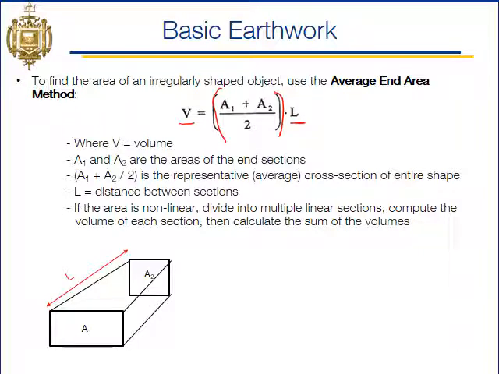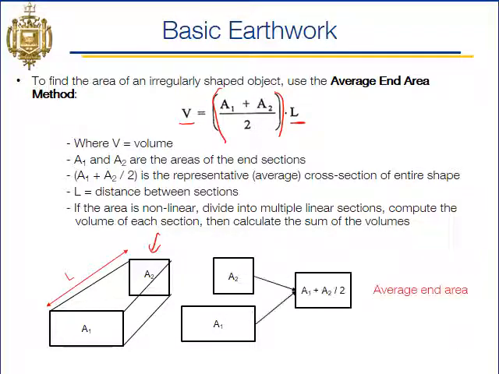If we look down here on the bottom of the page, we have a small shape with two differing cross-sectional areas. Walking through it, we see A1 and A2 are not the same. But if we add those up and take the average, we get this average cross-section that represents sort of the whole of that shape. If you multiply that times the length, then you get the volume of that shape.